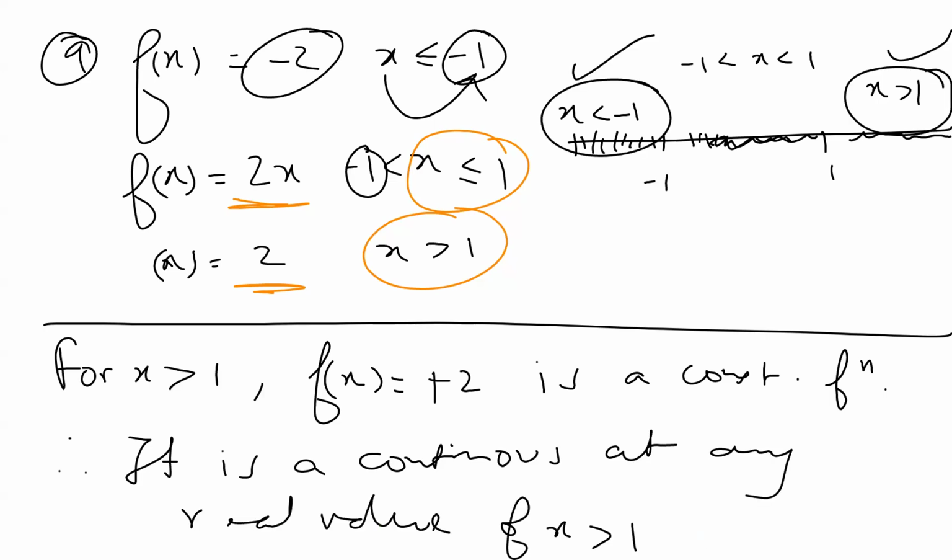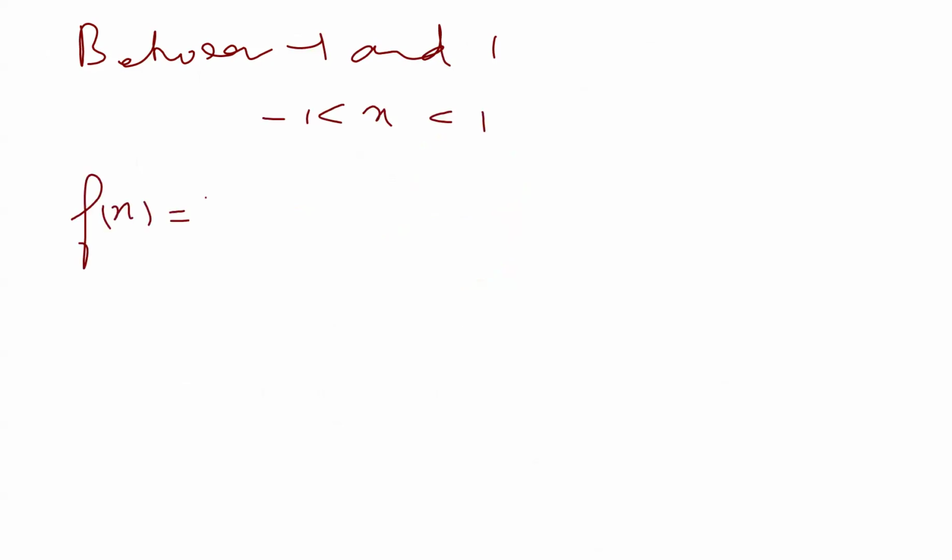And the last part, the middle part, for values between -1 and 1. I'll take a new slide. Between -1 and 1, that is x between -1 and 1, f of x is equal to 2x.